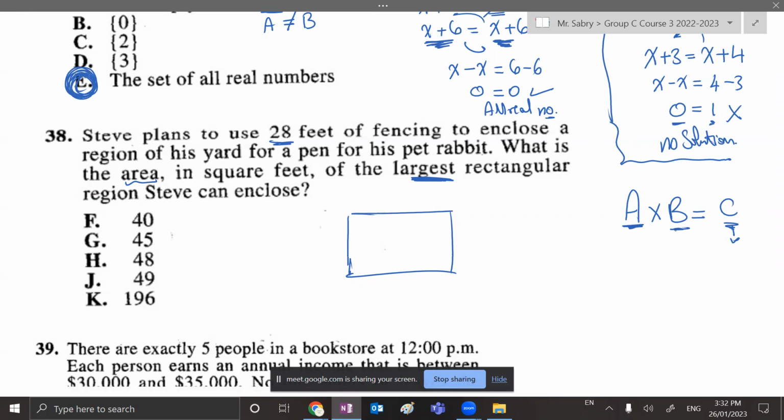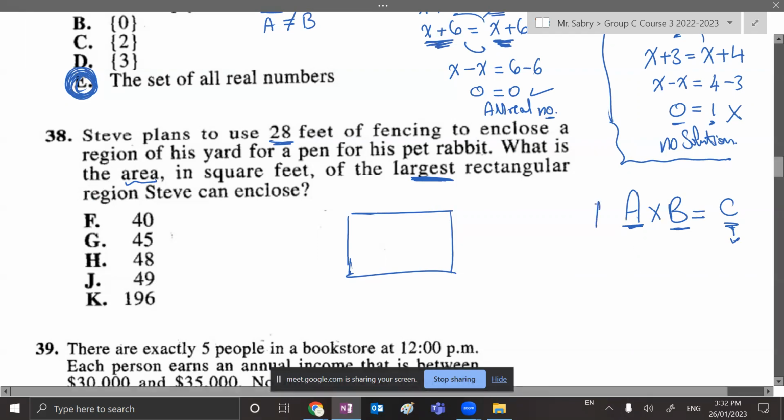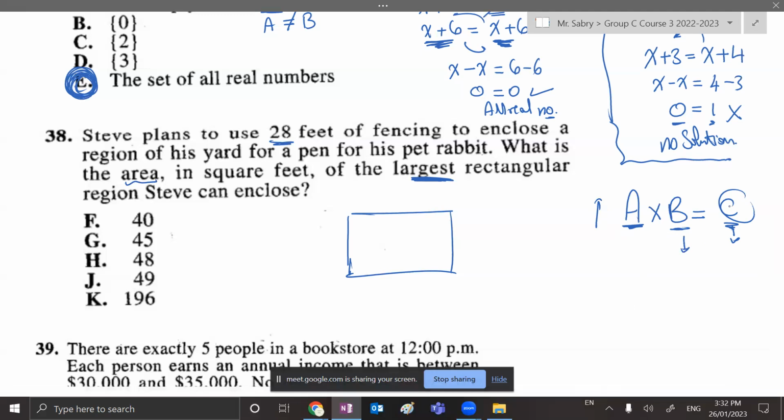If one of them is too big and the other one is too small, that wouldn't get me the biggest answer. If A is too big and B is too small, that wouldn't get me the biggest C possible. I want both of them to be as big as possible. If they're both equal to each other, that sometimes could be the biggest possible.